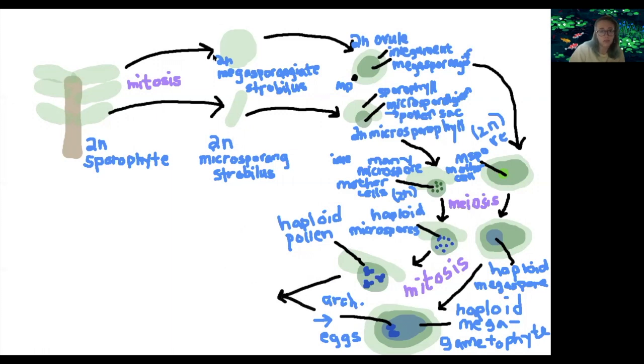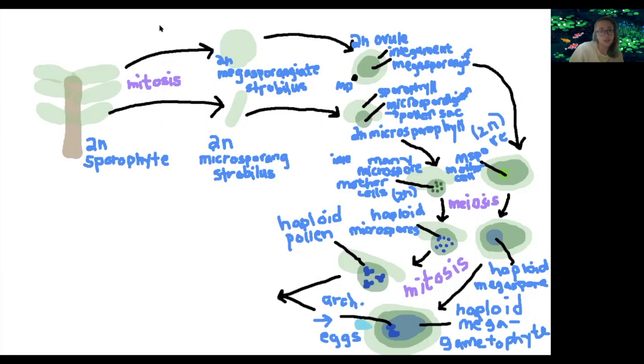Our megagametophyte here will secrete a pollination drop at the micropylar end, through which the sperm will enter the megagametophyte. They will land, break the surface tension of the water, likely with the air sacs of the pollen, and then the pollen tube will grow down into the megagametophyte to fertilize the archegonia.